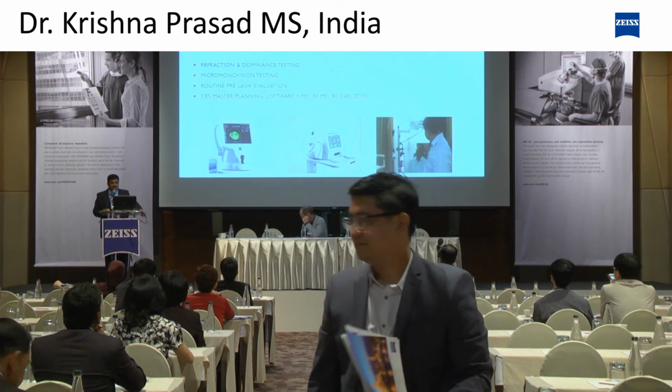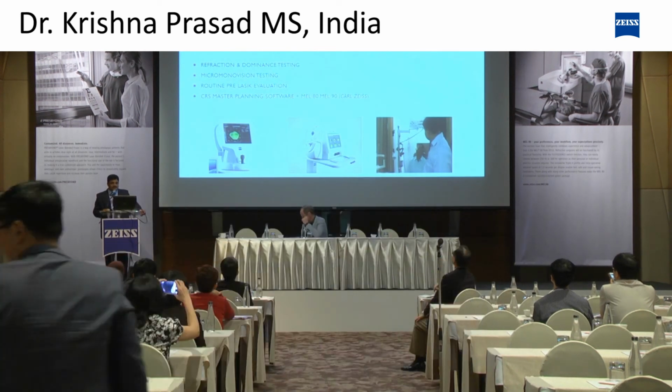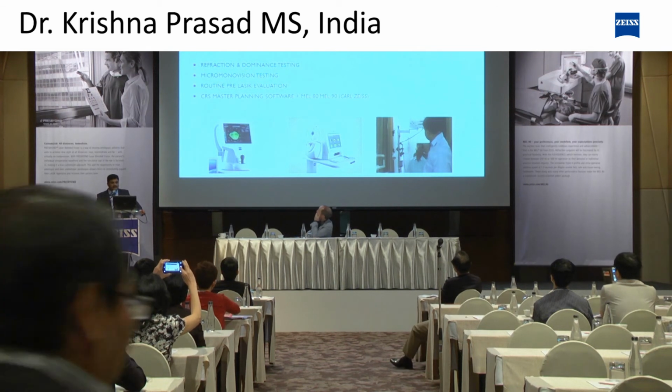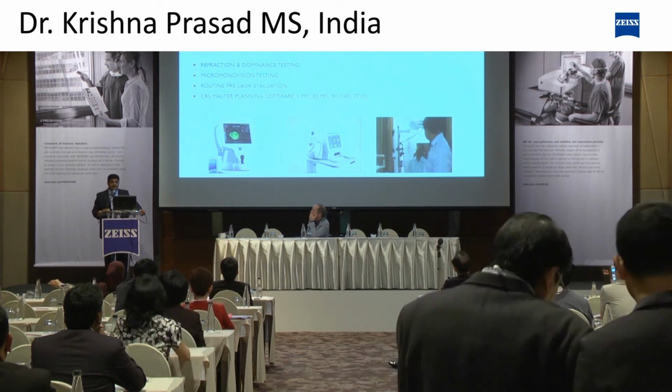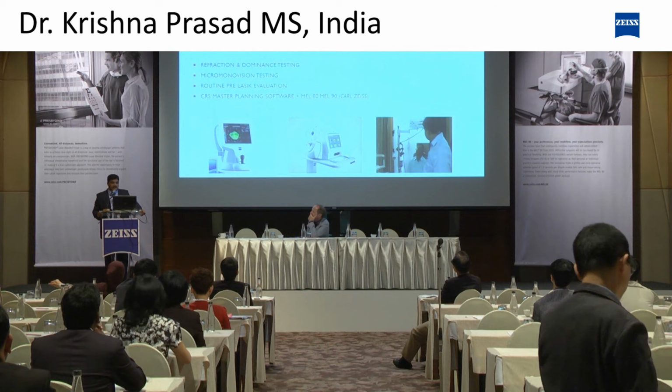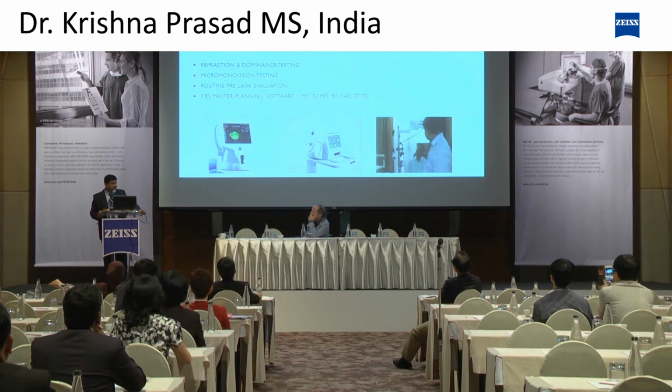A very important thing is refraction and dominant eye testing. In my hospital, in spite of having a lot of optometrists, I normally do the refraction for these patients myself, and check the dominant eye. I will not explain dominant eye testing, as everybody knows how to do it.